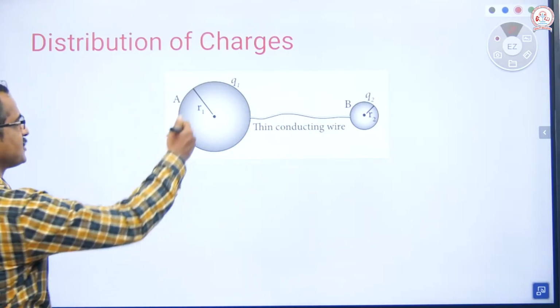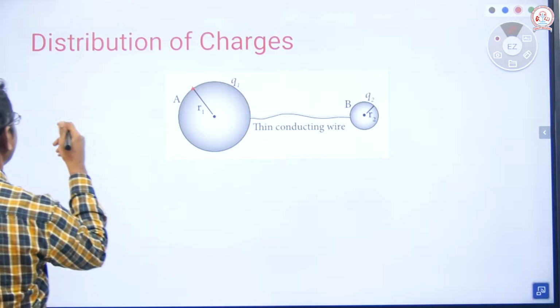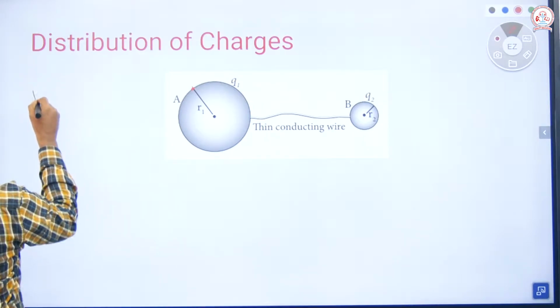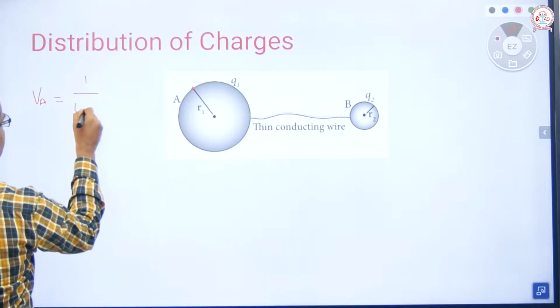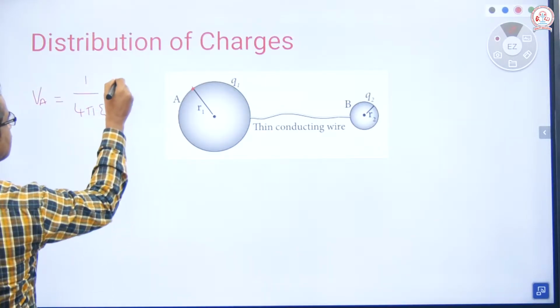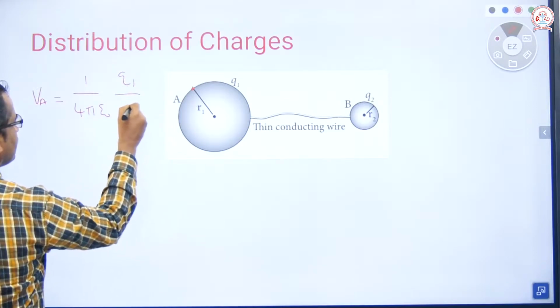For example, the potential at this point, V_A, will be equal to 1 divided by 4 pi epsilon naught, Q1 divided by R1.